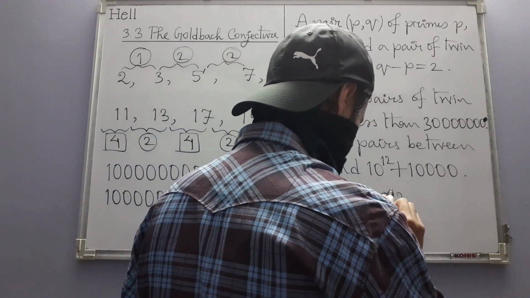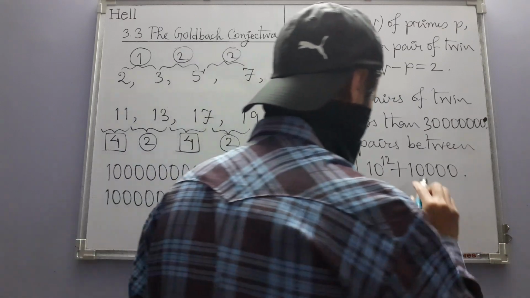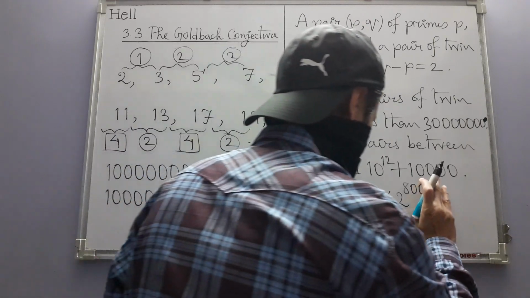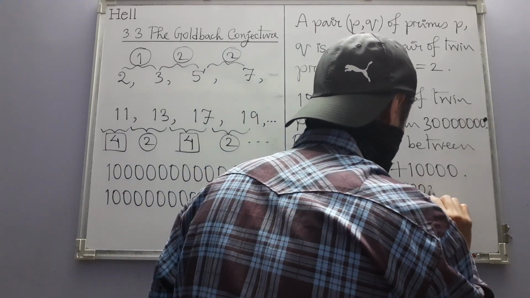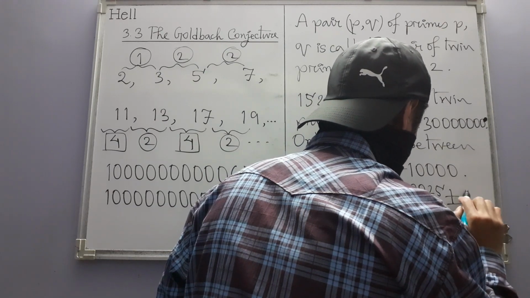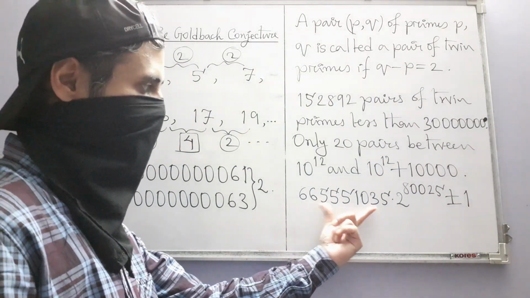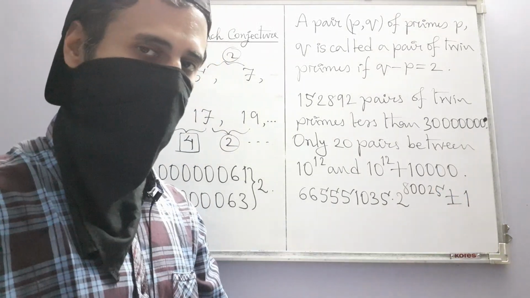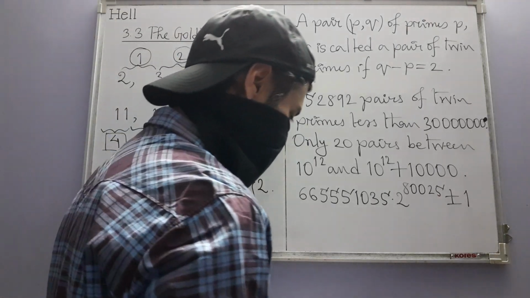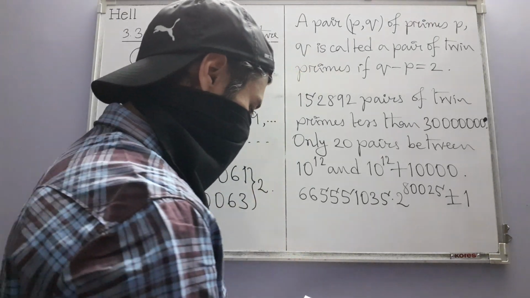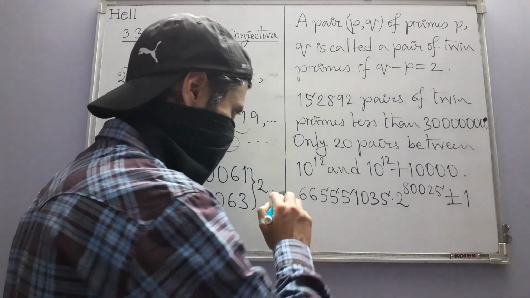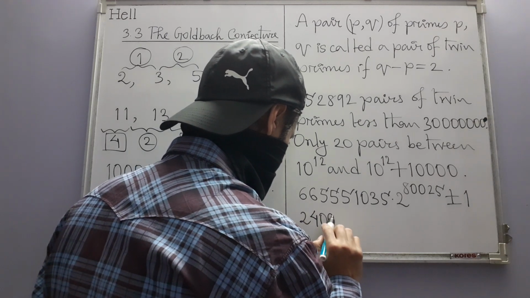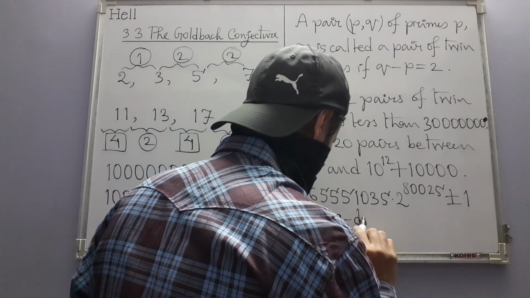This is multiplication, A times this power of 2, plus or minus 1. That means this times this power of 2 plus 1 is one number, and minus 1 is the other number. So the difference is 2 and both of them are known to be prime. Each of these two numbers is 24,099 digits long.